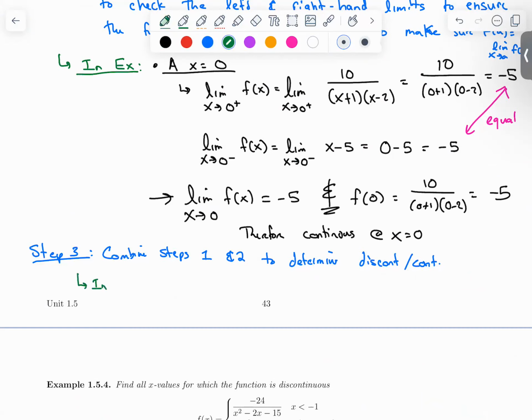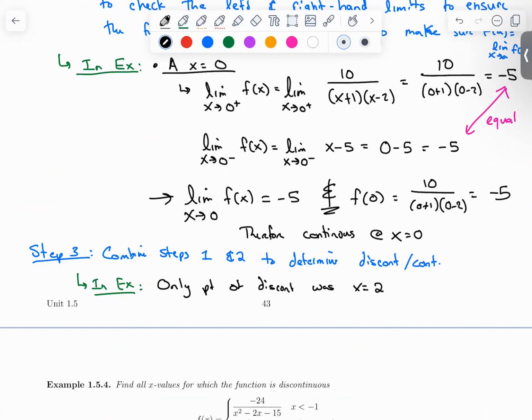So in the example, the only point of discontinuity was x equals 2, because the only thing from part 1 was x equals 2, and the only thing from part 2 was nothing. There was no discontinuity from part 2. So that is the only piece that has been plucked out.